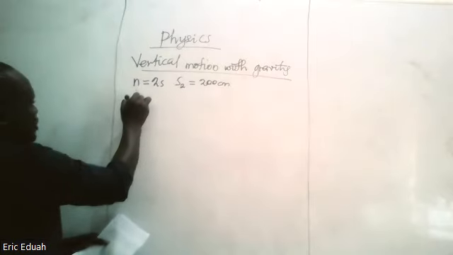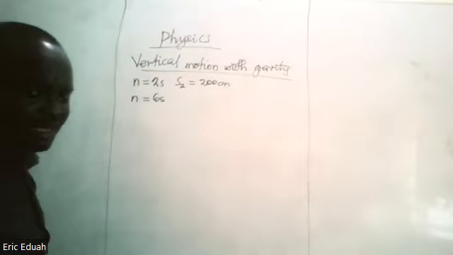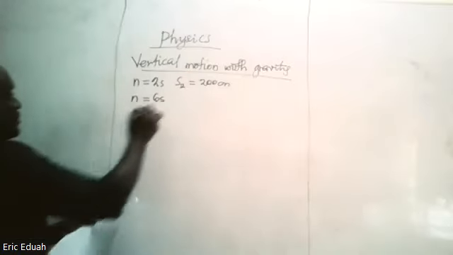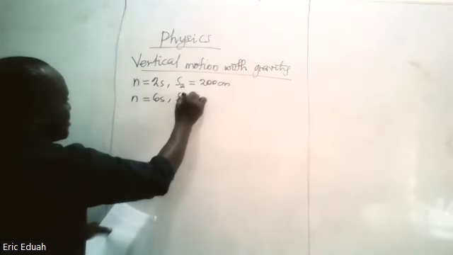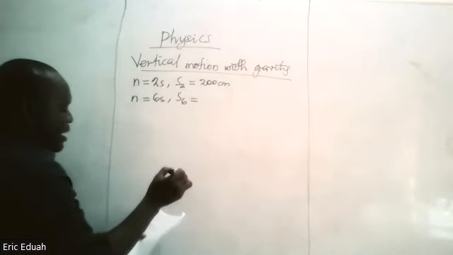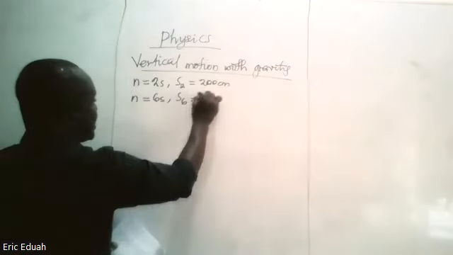So in the next 4 seconds, n will be equal to 6 seconds, isn't it? So S6 is equal to 420 centimeters.